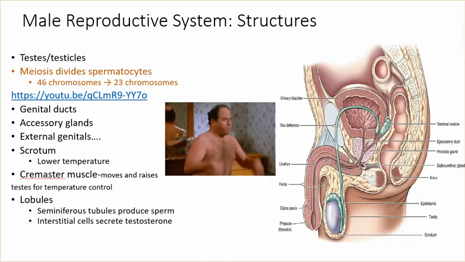So this is the male reproductive structures. There's a YouTube link here if you want to watch. So we have the testicle down here, which is where the gametes are produced.